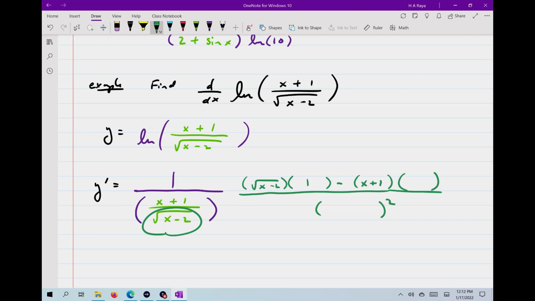This guy's derivative requires also the chain rule, and it will be equal to 1 over 2 square root x minus 2. And on the bottom, I'll have my bottom function squared, so I'll have the square root of x minus 2 quantity squared.